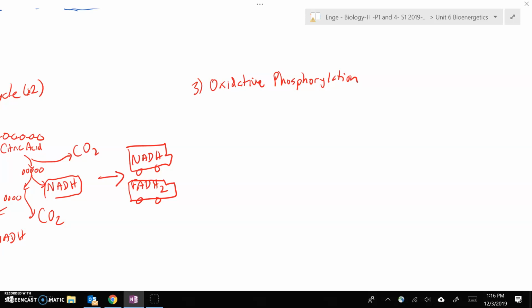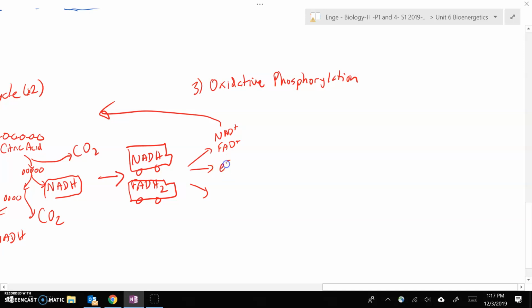Right? So in oxidative phosphorylation, these two things split up, right, into NAD plus and FAD plus, and they can go back.